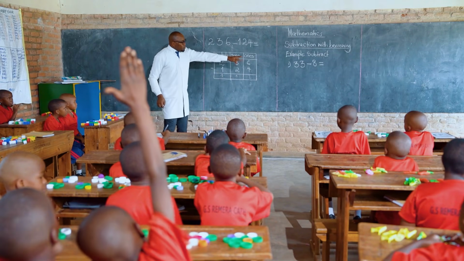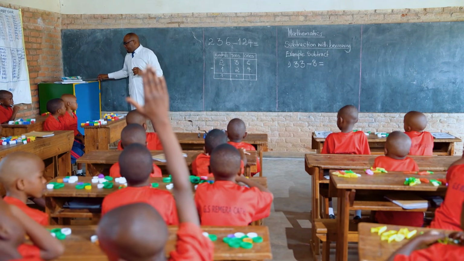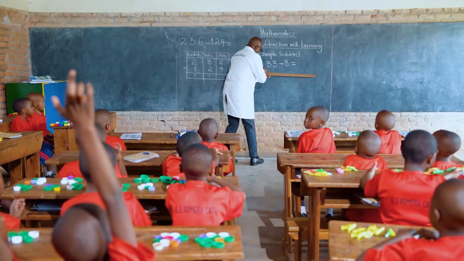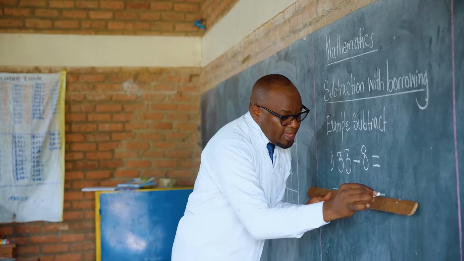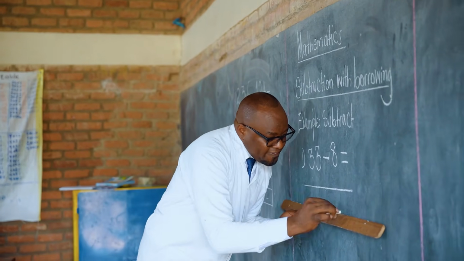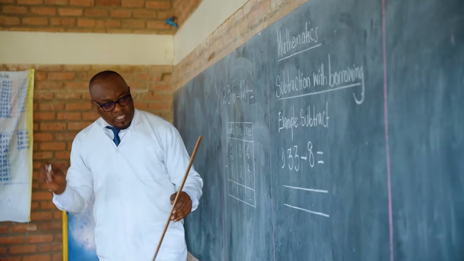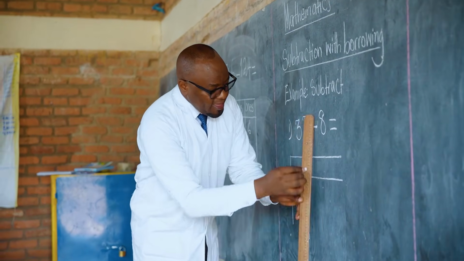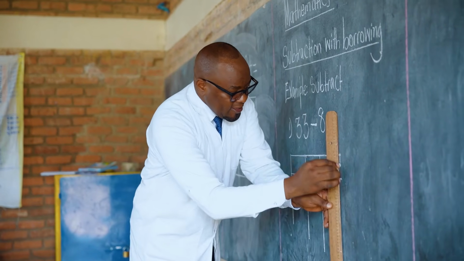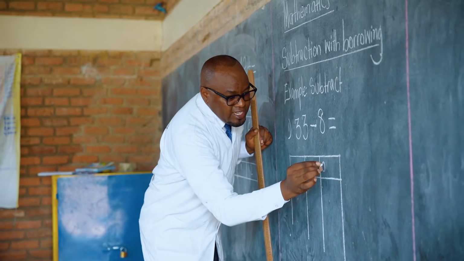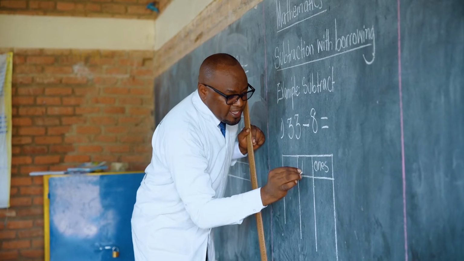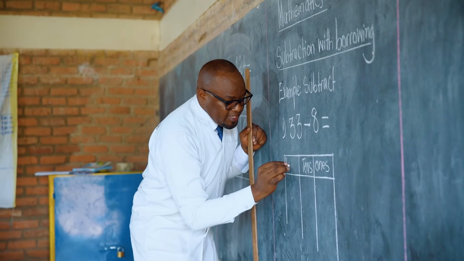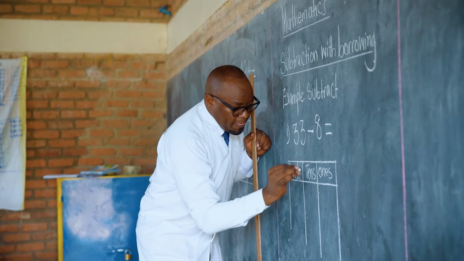Now, when we are doing that, let me give you an example of what we do. Let me use the table of place value as we used it last time. These are ones, these are tens, and these are hundreds.